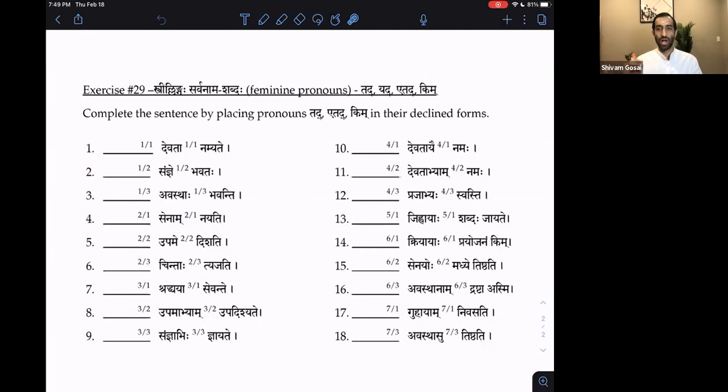So Rama is the doer, first case, gives. And what is the object of giving? He gives rice. So rice is the second case. And who is the recipient? Who gets the rice? Lakshmana. So he'd be in the fourth case. So there's a slight difference: the object is not always the same as the recipient.